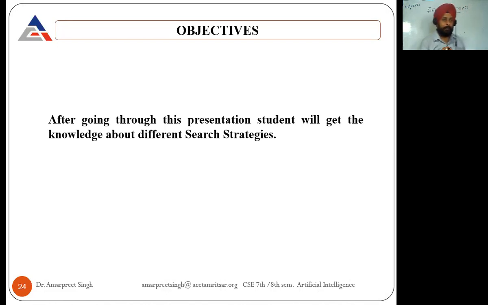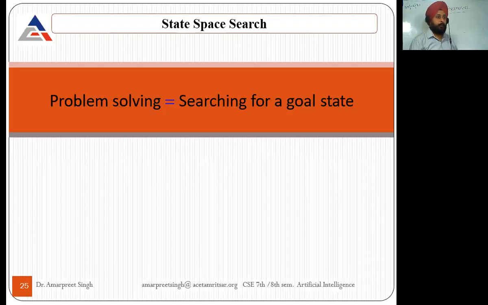What are the different categories of search strategies? Again, we have already covered this: what is problem solving? It is searching for a goal state, and there are many different strategies through which we can look for the goal state. All those different categories of strategies we will cover in this lecture.